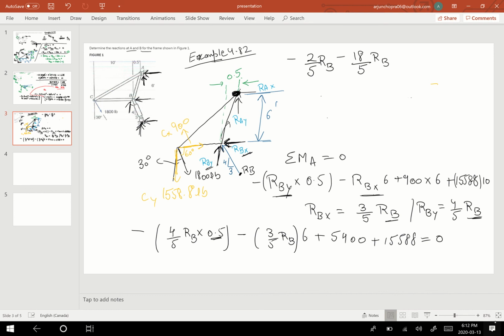This is RB. Then if I add these two values, 5400 plus 15588, I take it to the other side of the equality, and this value is 20988, and I'm going to take the negative sign outside from here.